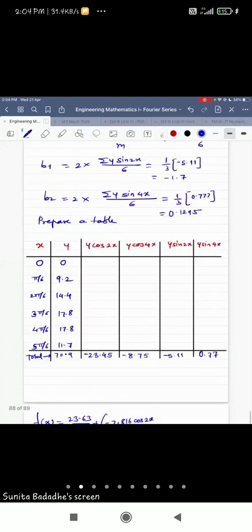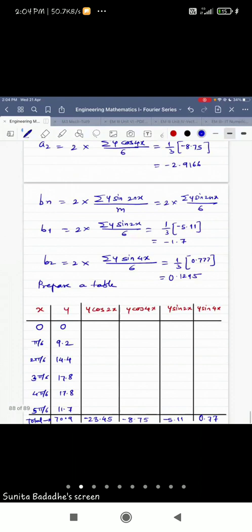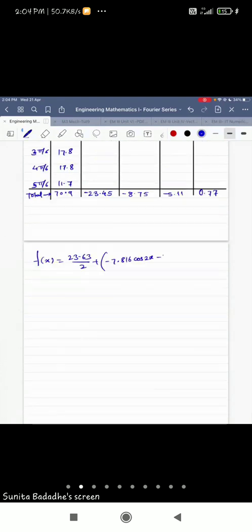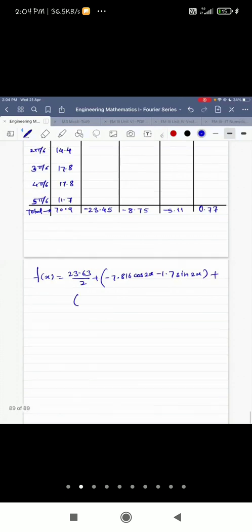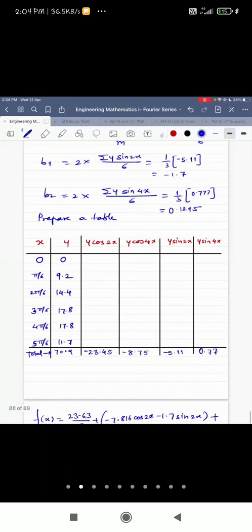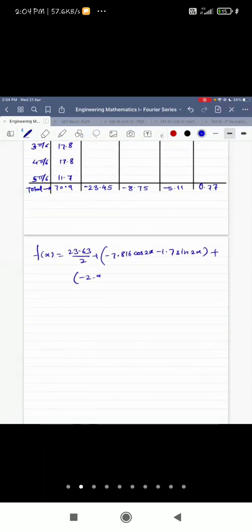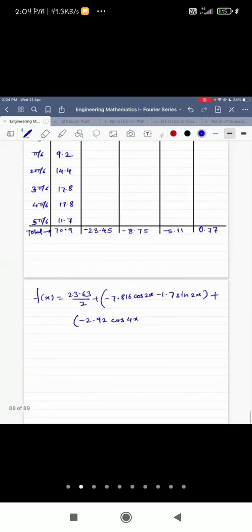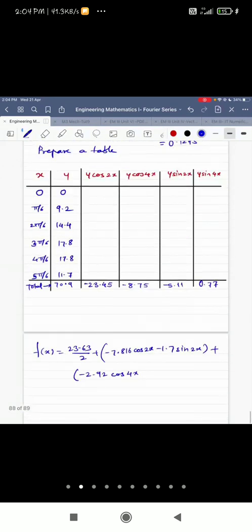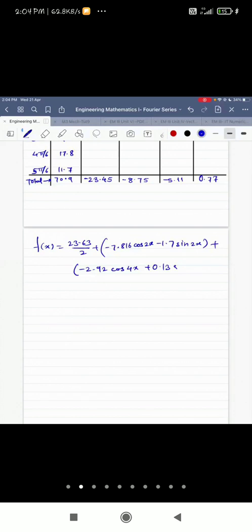Then b1 we need, minus 1.7 sin 2x, plus a2 is minus 2.92, if I round up, cos 4x, and the last is plus 0.13 sin 4x. So this is the required Fourier series. Okay, so we'll solve 2-3 more problems in tomorrow's lecture.